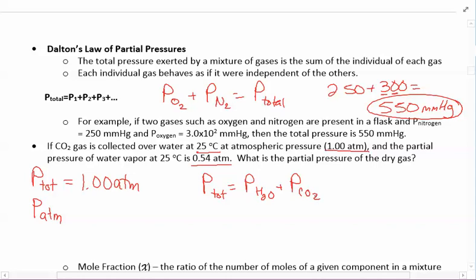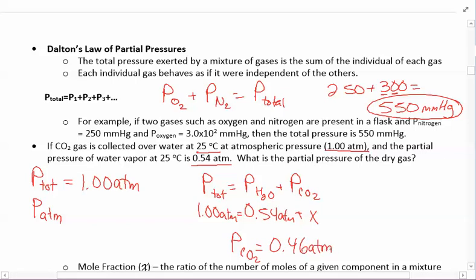We know the pressure of the water is 0.54 atmospheres. And we know the total is 1.00 atmospheres. So we have to solve for CO2. All you have to do is subtract to solve for X. So your X, which is your pressure of carbon dioxide, is going to be equal to 0.46 atmospheres.